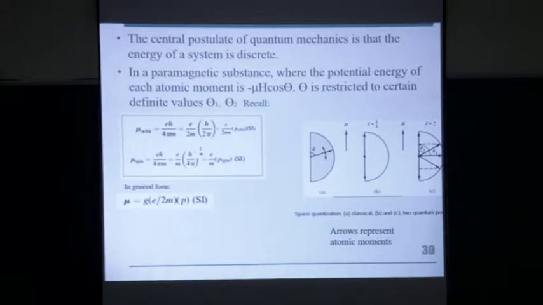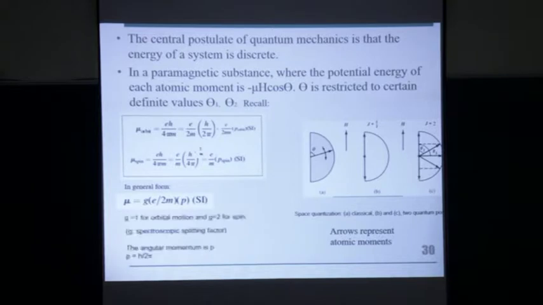For the orbital case, g is equal to 1. That means 1 times e by 2m times p, correct? For spin, g is equal to 2. That means 2 cancels with 2 and you get e by m times p. So this g is called the spectroscopic splitting factor, and this is the magnetic moment.